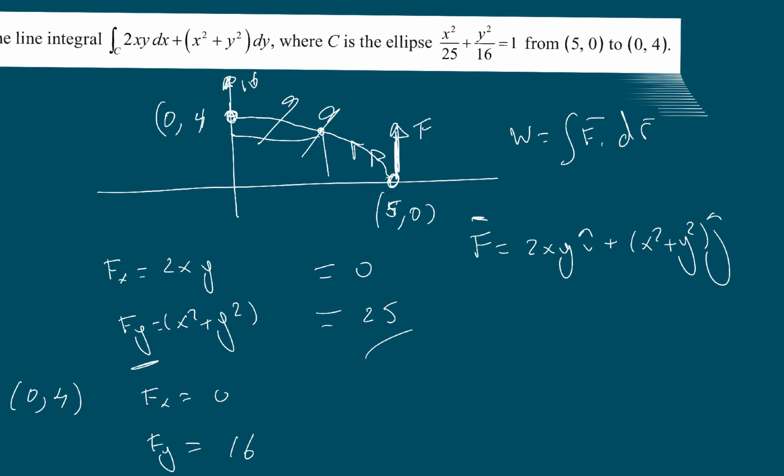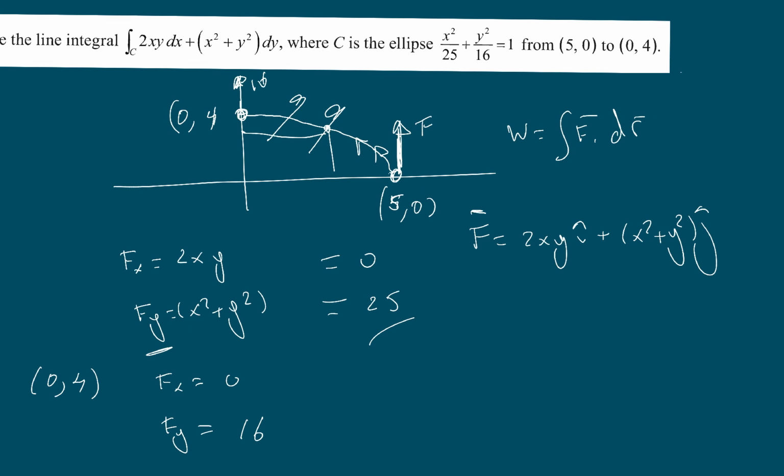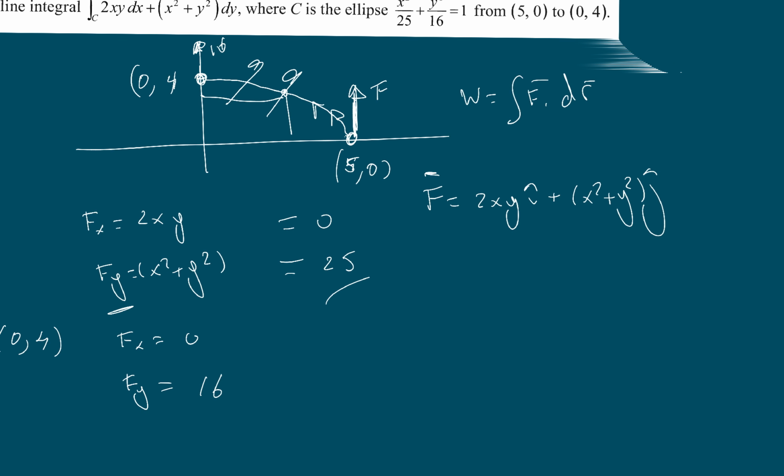If it's conservative, we can save the calculation by doing something very simple, that is to find the potential, the function little f, whose gradient is F. Let's first see if it's conservative or not. To find if this is conservative, we find only the k components, no need to find the i and the j.